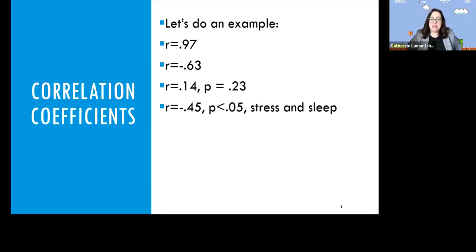What we would do to put this into a sentence is say, starting with the correlation coefficient, that there is a moderate, it's 0.45, negative, because there's a negative sign there, significant, because P is less than 0.05, relationship between stress and sleep. I'll say that again as just one complete sentence. There is a moderate, negative, significant relationship between stress and sleep.